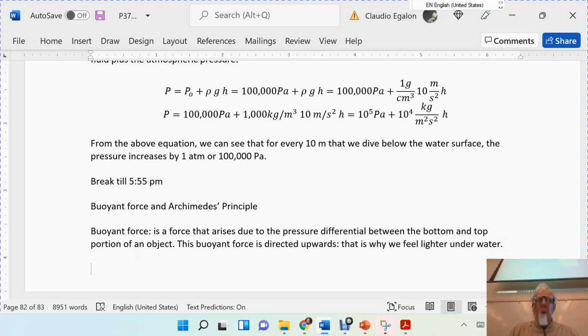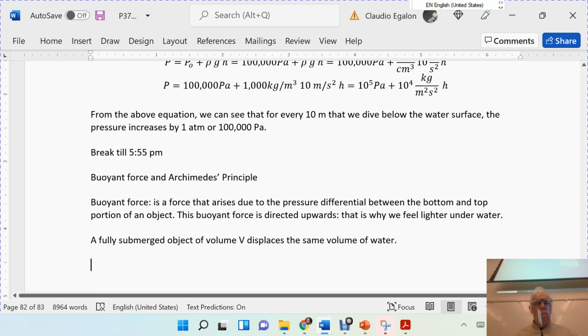Something else you have to know: a fully submerged object of volume V displaces the same volume of water. Okay? That's what you have to know.